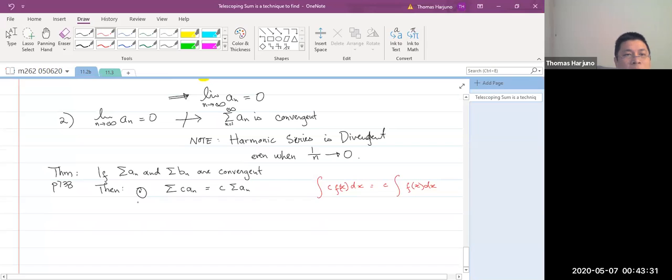Now, second, the summation of the sum of two sequences, or even the difference of two sequences, is equal to the sum of the series.